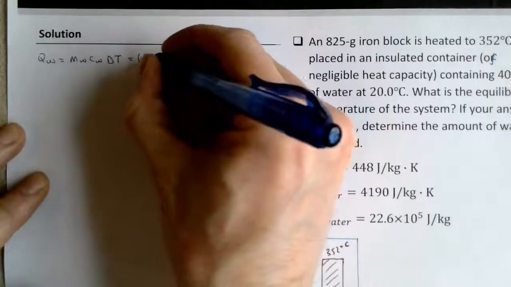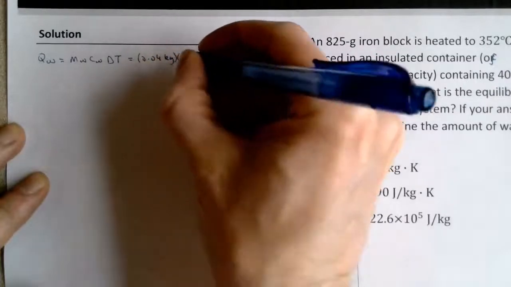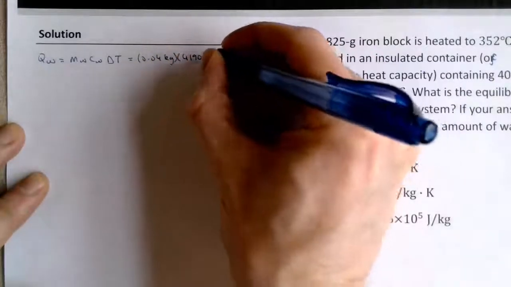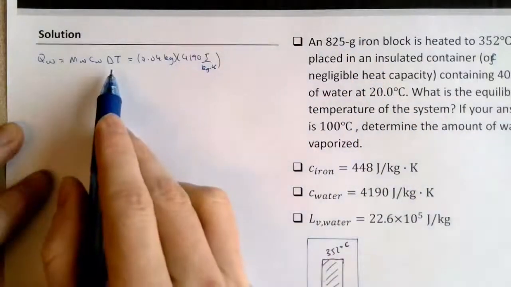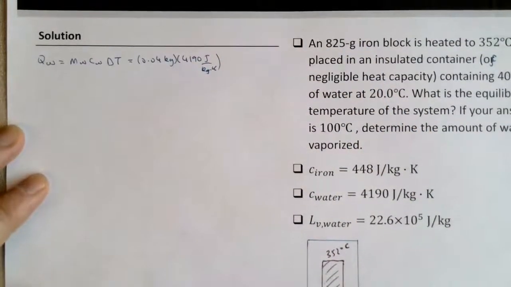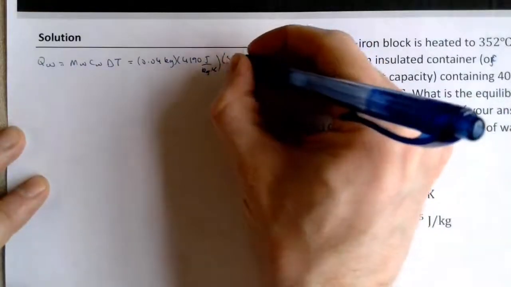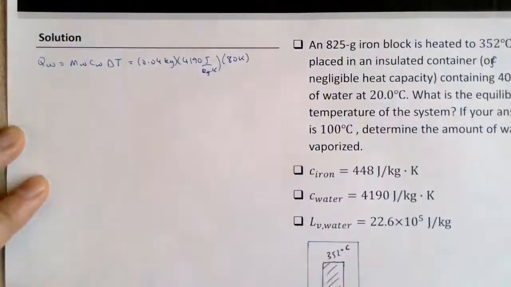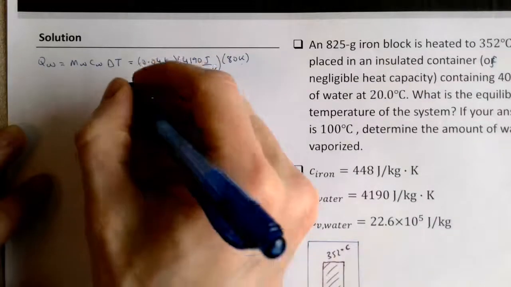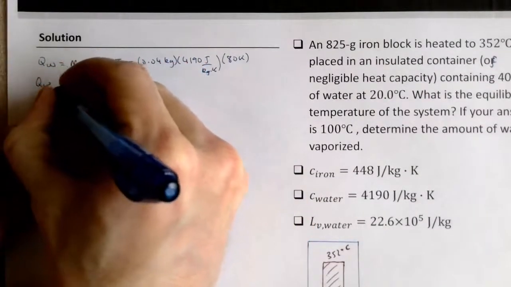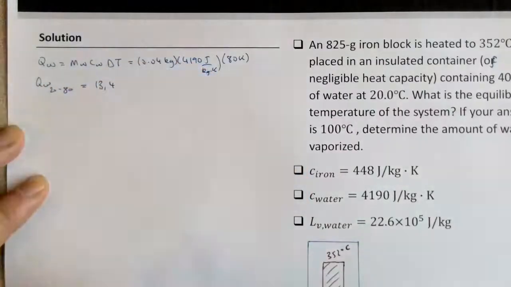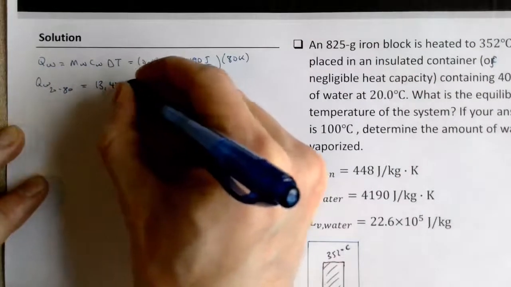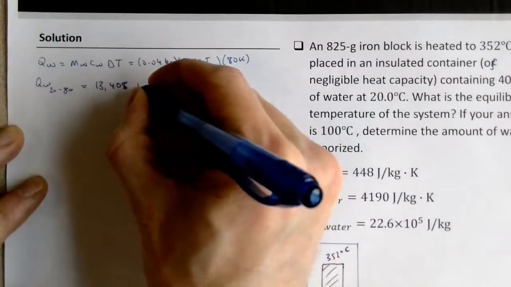This is 0.04 kg, 4190 joules per kilogram Kelvin, and a change of 80 degrees Celsius, which is the same as a change of 80 Kelvin. I think this works out to be around 13,400. I'll keep some extra figures here and won't round until the end.